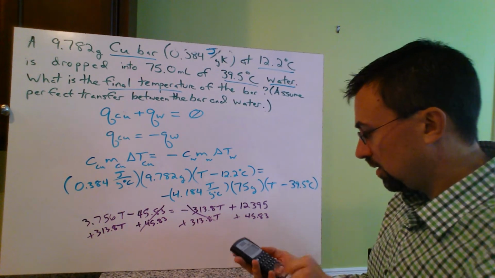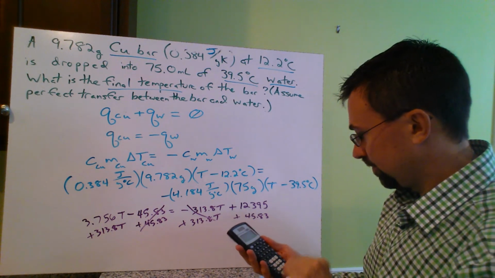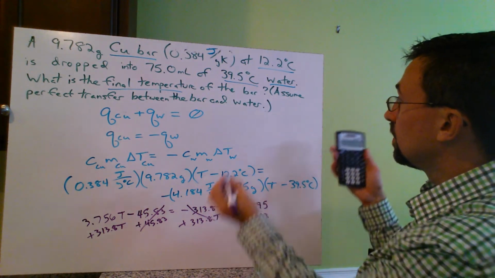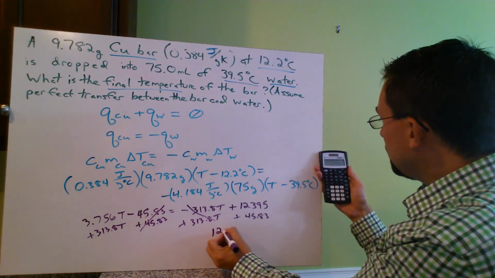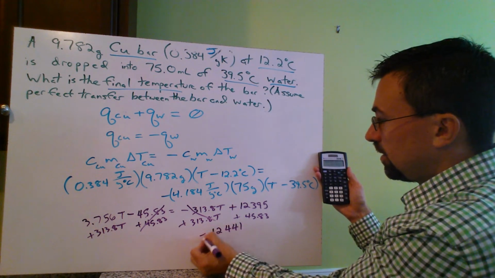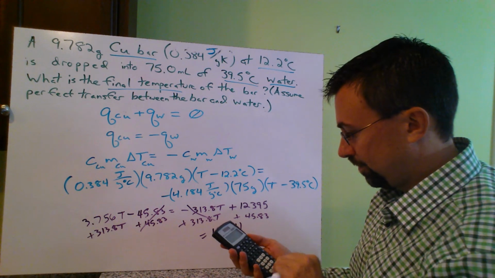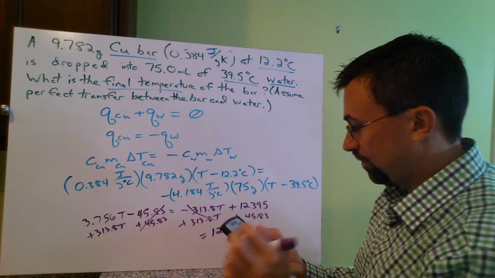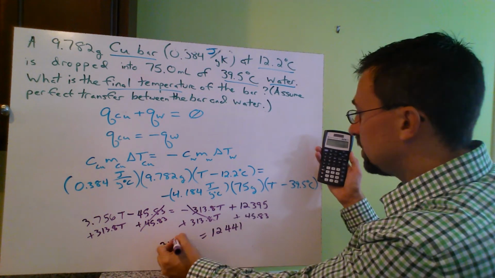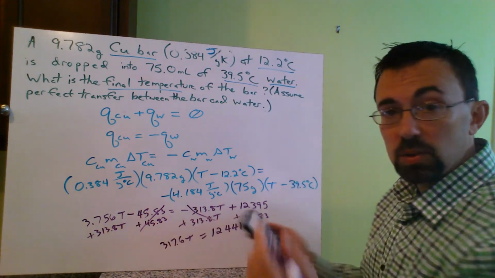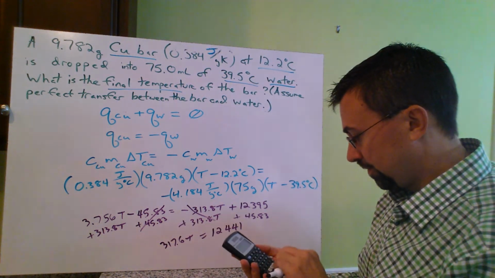And we're left with, on this side, 12,441. And then on the other side, 317.6 T. Divide both sides by 317.6.